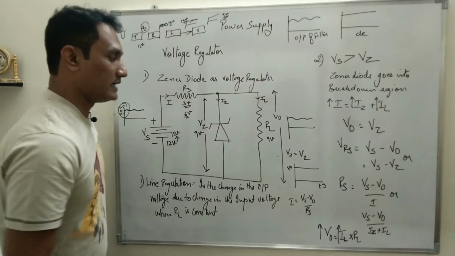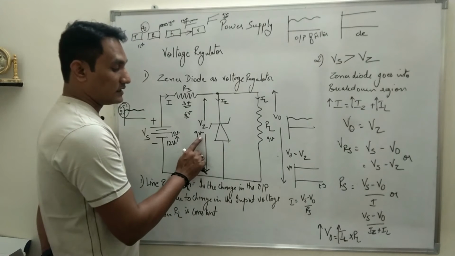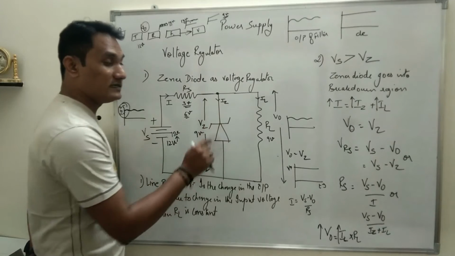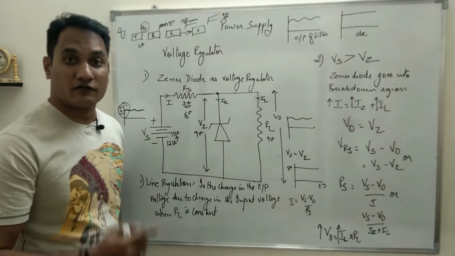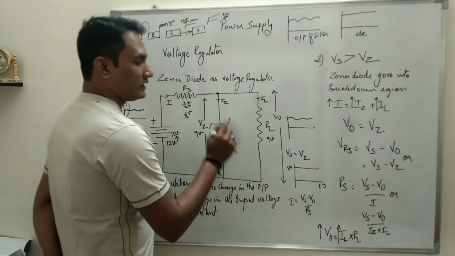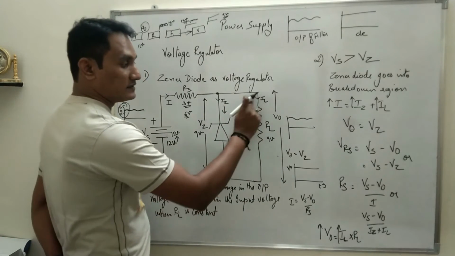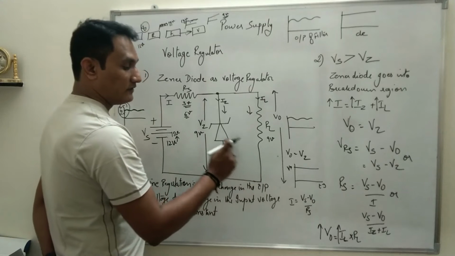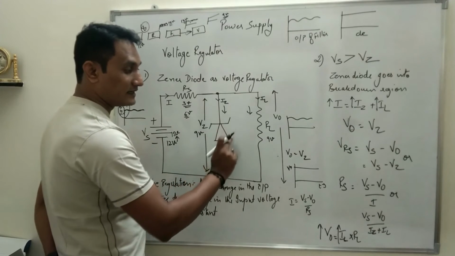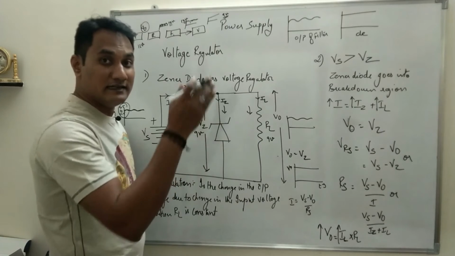Now let us try to understand. What happens is, when the input voltage is increased, the voltage across the Zener diode will be constant, but the current through the Zener diode increases. This is because the resistance offered by the Zener diode will decrease. So now there are 2 paths for current to flow. RL is constant, that means resistance in this path is constant, and when you are increasing the reverse voltage, the resistance offered by the Zener diode will decrease, and current always has a tendency to take the least resistance path.